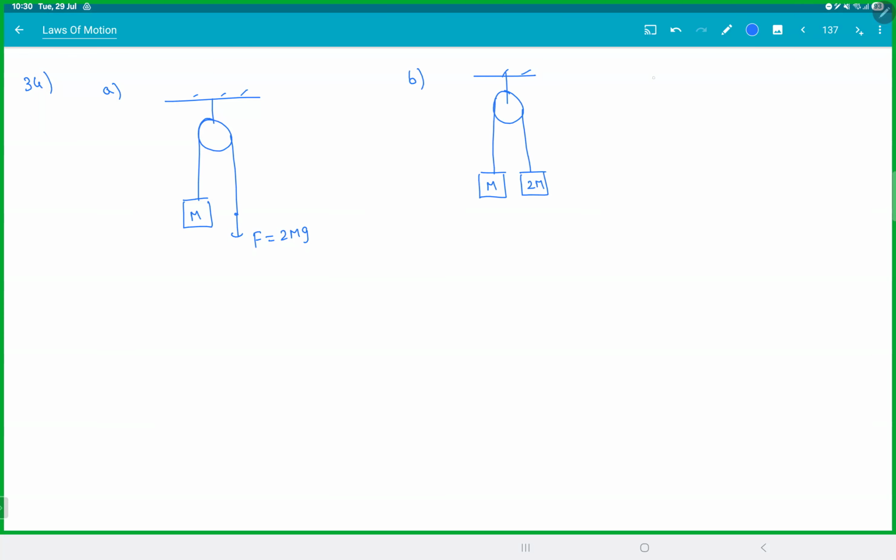This is 2m. We have a block of mass m, a block of mass 2m, and someone is pulling, let's say this is also m, with F equal to 2 mg. Can you find the acceleration of this left block in all the three cases?